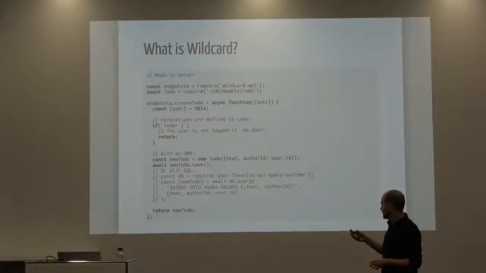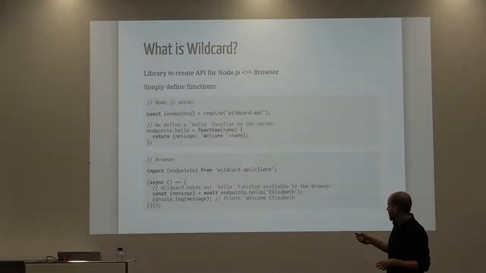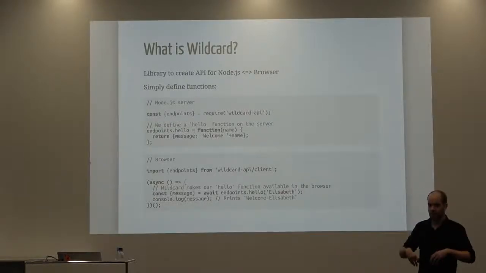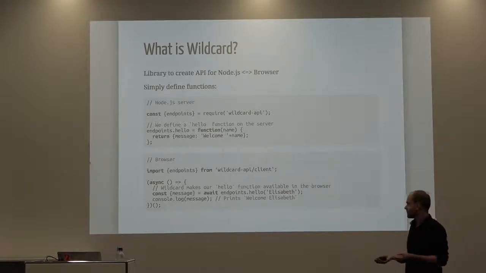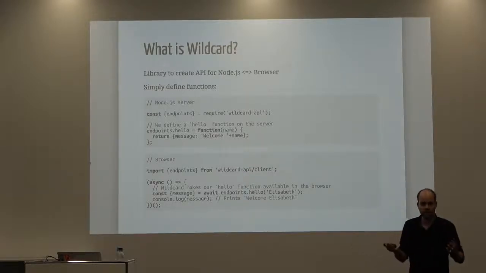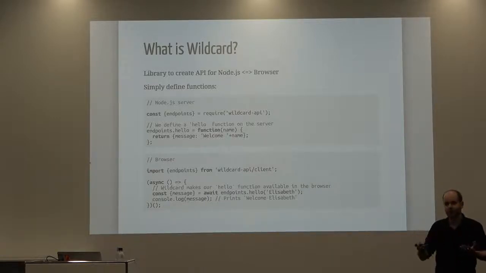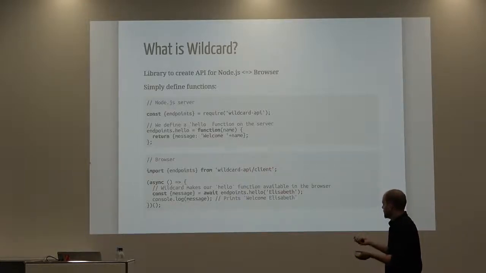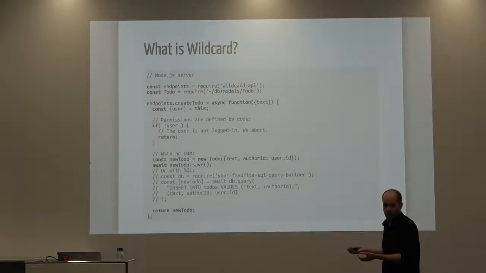So as we can see here, from the perspective of the browser, this await endpoints.hello, this hello function, you don't really realize that it's a function that is being called in Node.js. It's as if the function were a local procedure. And that's the whole idea of RPC: you define functions, but you call them remotely as if they were local procedures. So from the perspective of the front end, it's the same as a local procedure.